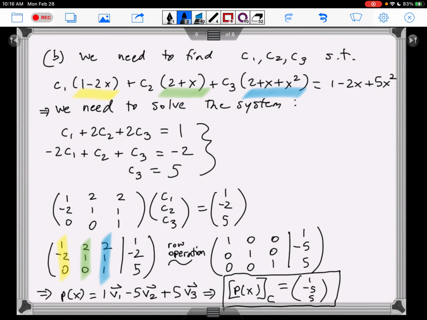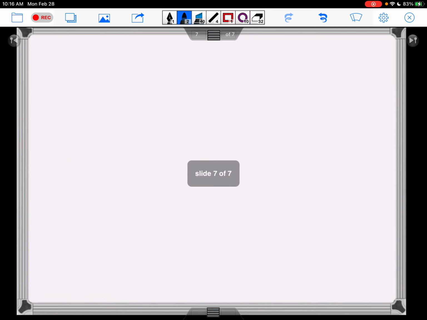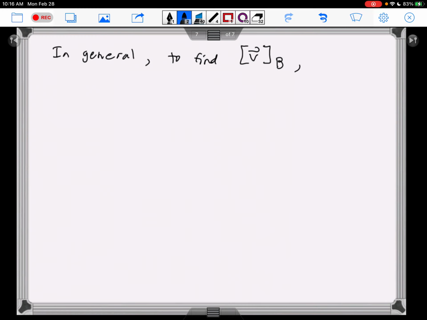Okay. So, as a general rule then, in general, to find a vector V relative to a basis B, you're going to use Gaussian elimination, right?